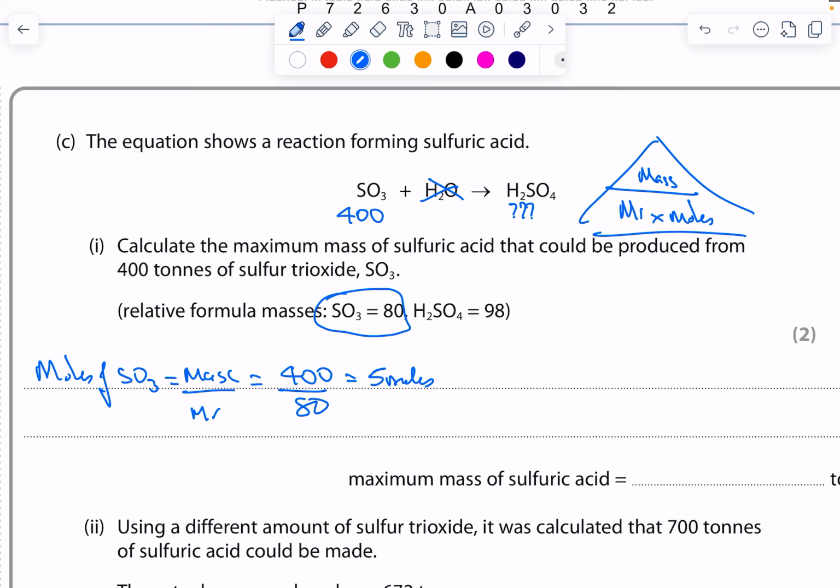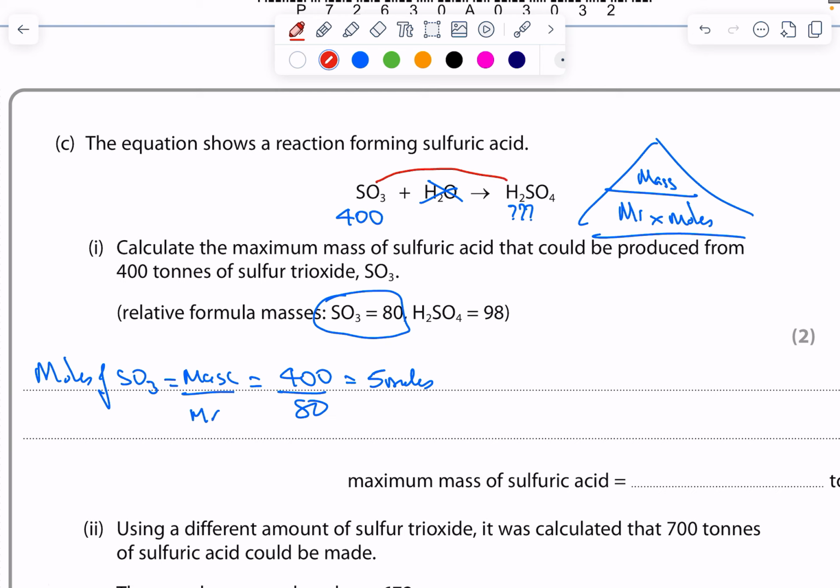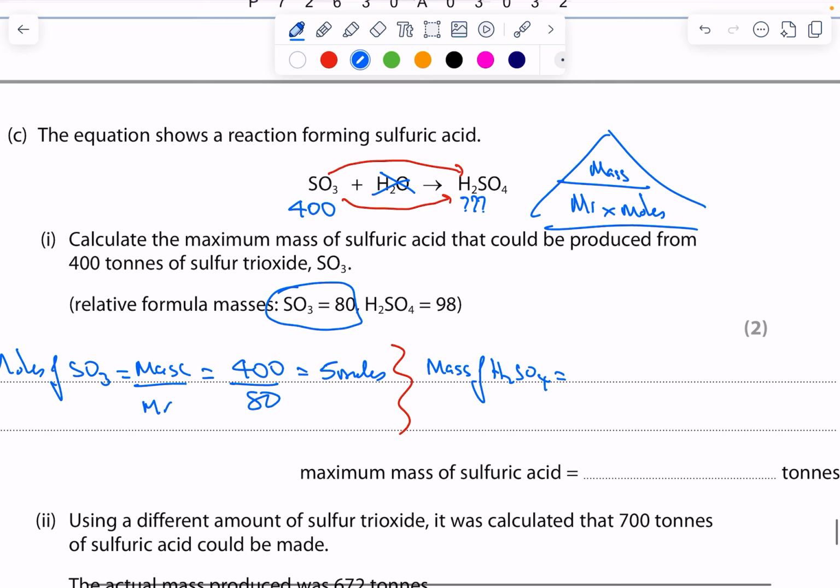If you just check the ratio, the stoichiometry, I'm going from here to here. So the ratio is exactly the same. It's 1 to 1. So let's put a little separator in here. Now what I want to do is work out the mass of H2SO4. The mass is going to equal the Mr times moles.